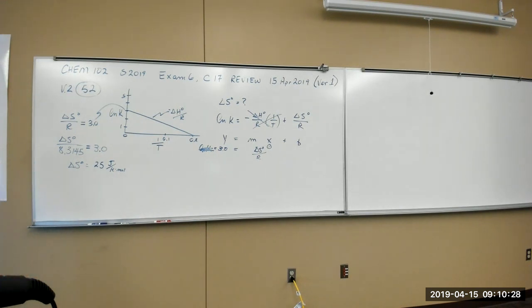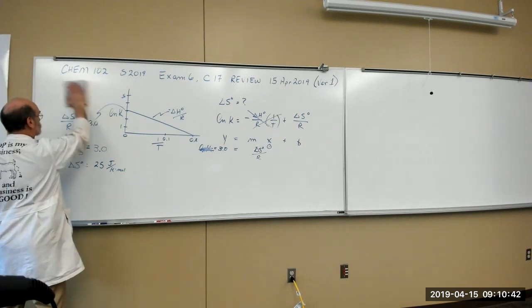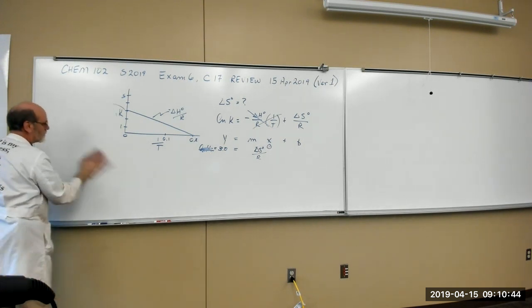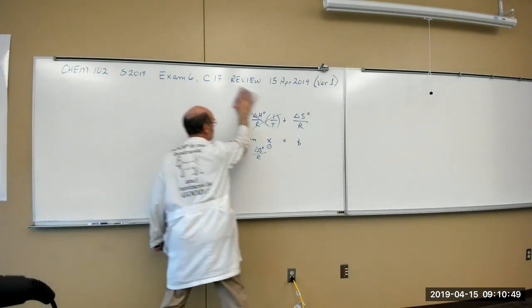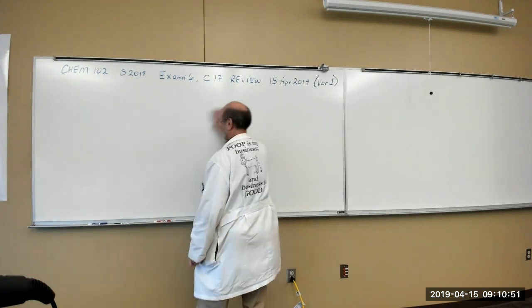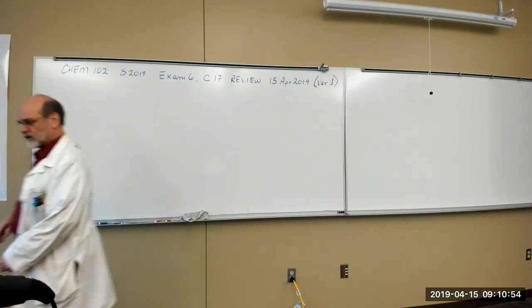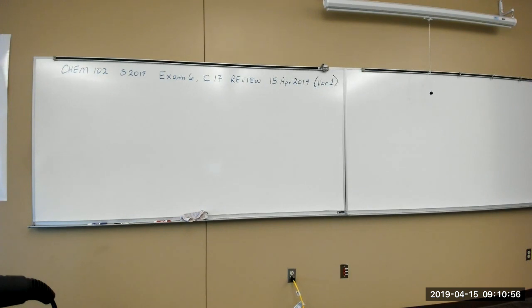Yeah, 0.08206 liter atmospheres per mole K instead of joules per mole K. Okay, that was version 2. Just following up with version 1 using that graph. We can go back to version 1 now if you like.